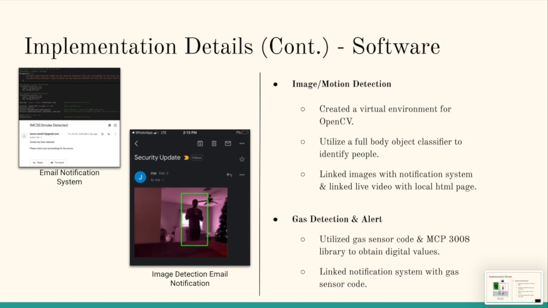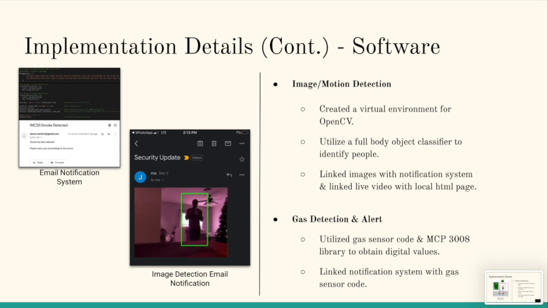By doing so, we linked our notification system that we created as a library, so that whenever this conditional statement was triggered, meaning these threshold values were reached, it would call on this notification function inside the notification program that we had and send an email showing that smoke was detected.